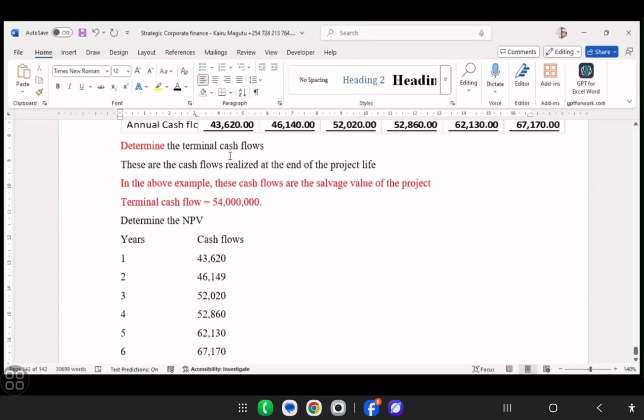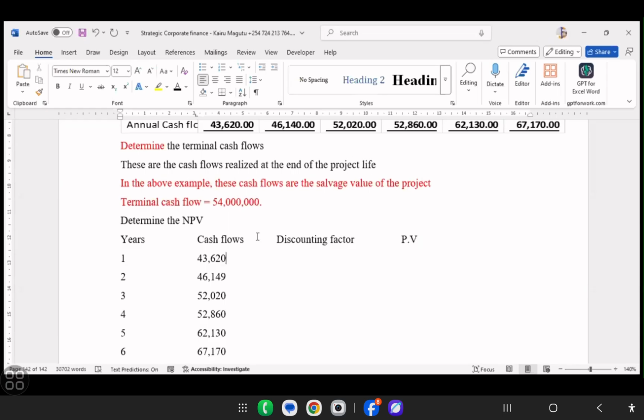Like that. Then the next item is the discounting factor. Then the last one is the PV.